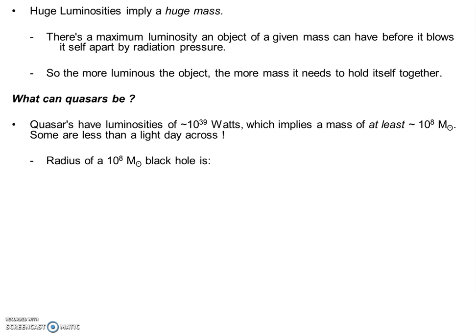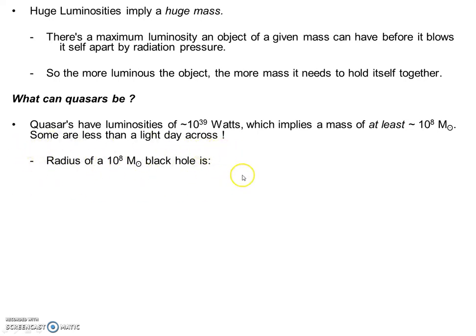So that turns out to be 3 times 10 to the 8th kilometers, that's 300 million kilometers. Well, the Earth is 150 million kilometers from the Sun. So we're talking about the diameter of the Earth's orbit. So the radius of a 10 to the 8th solar mass black hole is approximately the diameter of the Earth's orbit. And of course, the radiation wouldn't be coming from the black hole.